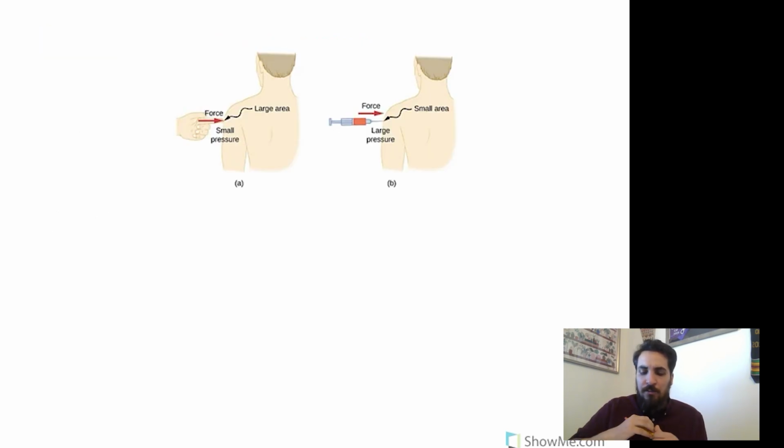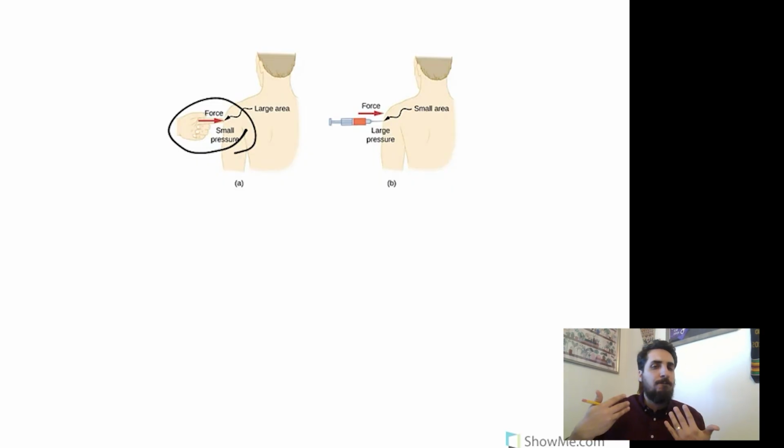Well, pressure is a description of interactions, but it specifically removes this idea of force and talks about what results from an interaction in a sense. If we take, for example, a force and we apply it onto a large area on your arm with a finger, well, that finger that we're pushing against the arm with, that finger's not going to pierce through the skin. However, if you apply the same force in a needle, well, that does pierce the skin.